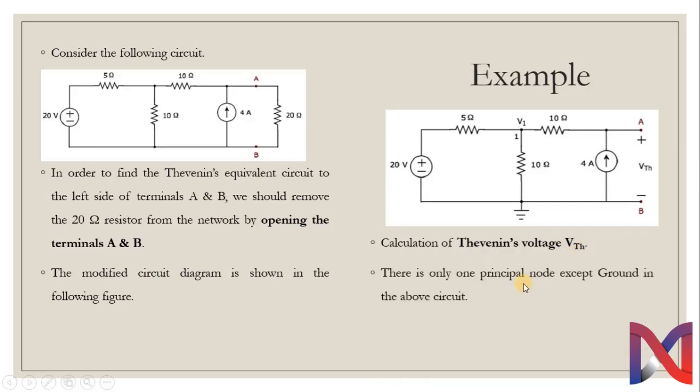For that there is only one principal node except the ground in the above circuit. This is our principal node. Why? Because current is entering here, current is leaving here and current is entering here again. This is in upward direction, so it is entering. So 2 currents are entering into the node and 1 current is leaving.